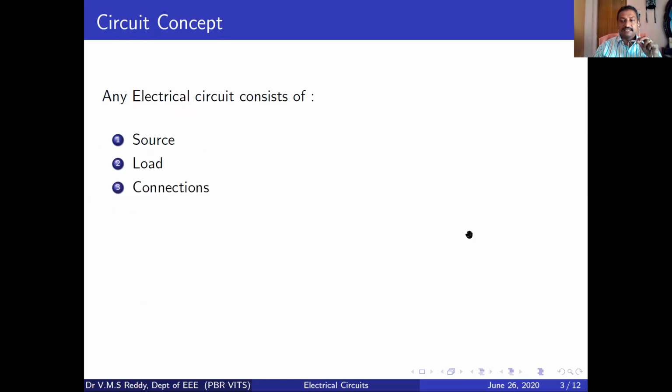So we need connections, nothing but wires, also called conductors. Any circuit should contain two basic elements, source and load. Source means energy generators or energy givers, and loads are always energy receivers.